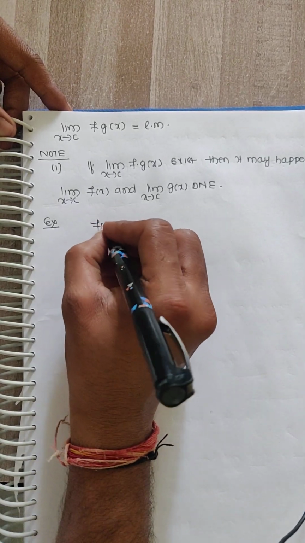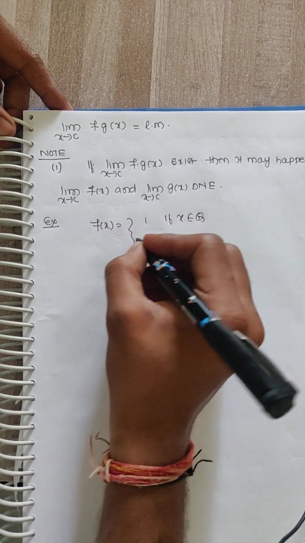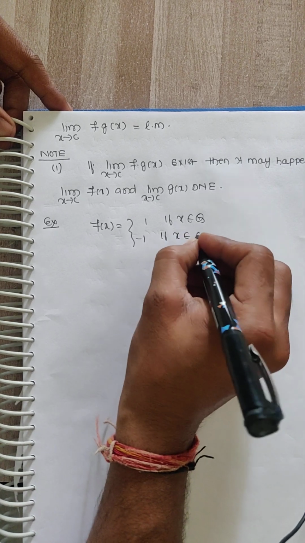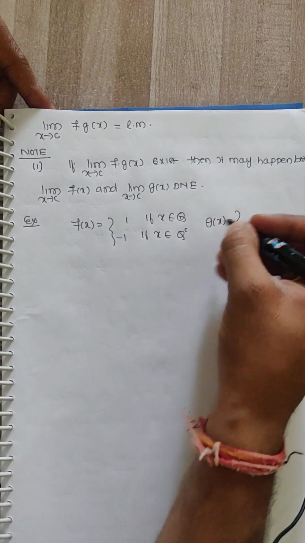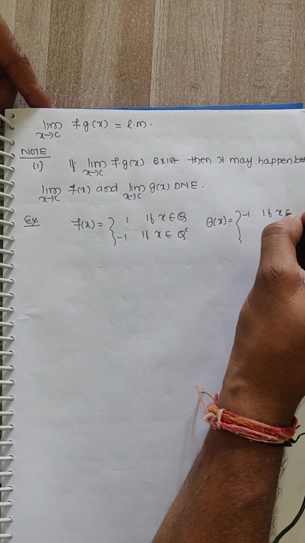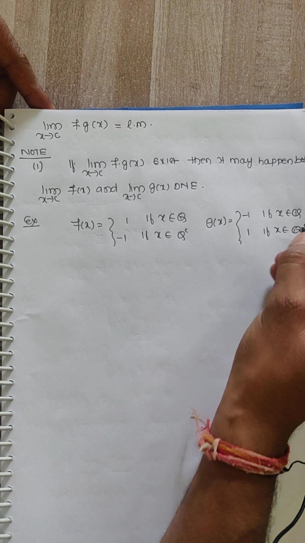So f(x) is equal to 1 if x belongs to the rationals, minus 1 if x does not belong to the rationals. Same for g(x), I am taking the reverse one: minus 1 if x belongs to the rationals and 1 if x belongs to the irrationals.